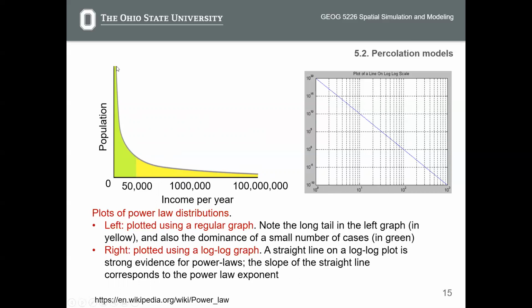That's the reason why you can see that this curve is pretty high at the very beginning, because most people have very low yearly income, and as the yearly income value increases, there is a huge drop in population, and maybe when you're talking about 100 million annual income, maybe less than 1% of people can have that.